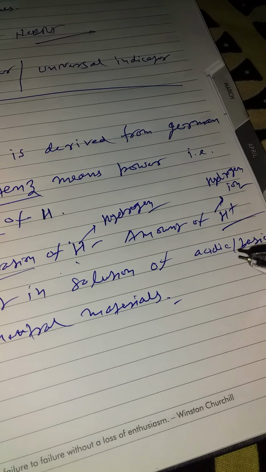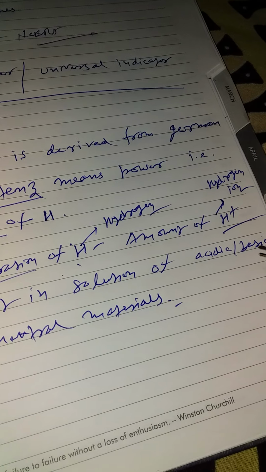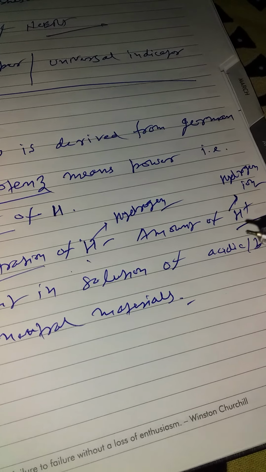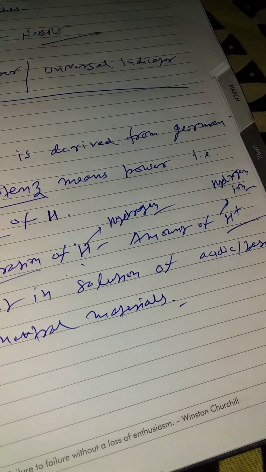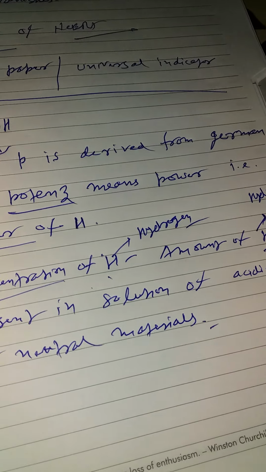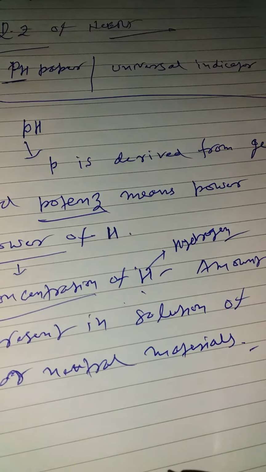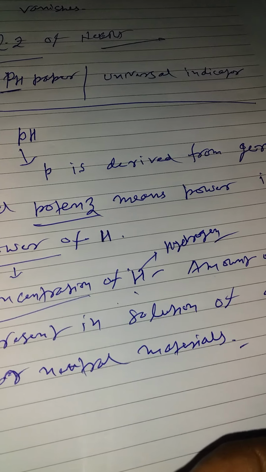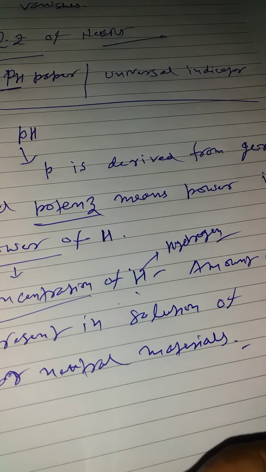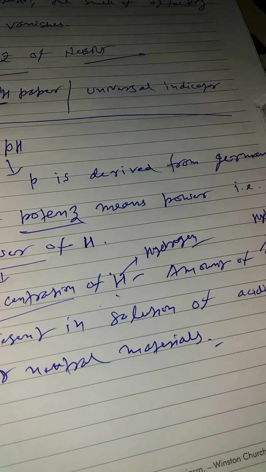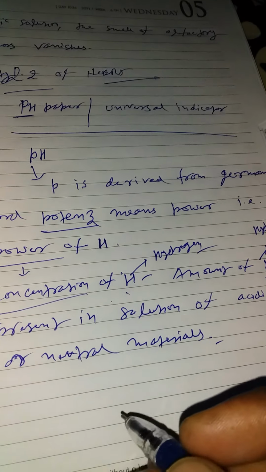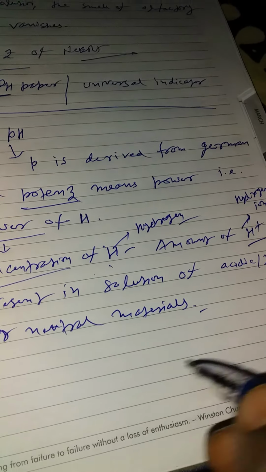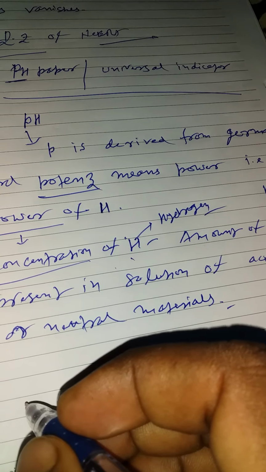explains the hydrogen ion concentration in the solution form of acidic, basic or neutral materials. So we use pH paper to identify the acidic, basic or neutral nature of the material. First of all, we define pH paper or universal indicator.